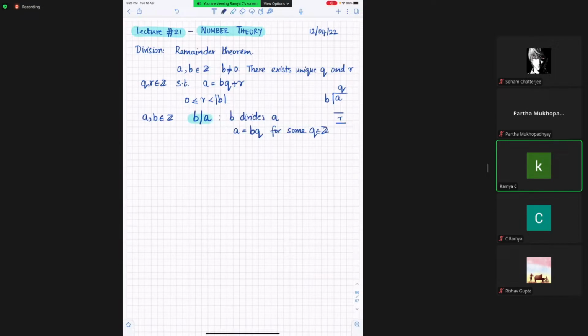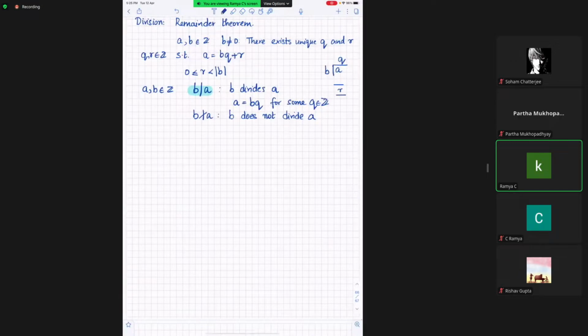We may also say that B does not divide A, to say that there is definitely a non-zero remainder upon division. These are two notations we will use throughout, because we are going to talk about divisors. We will need to say that one integer divides the other, or does not divide the other, and so on.